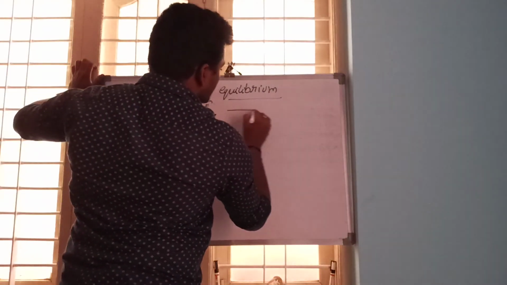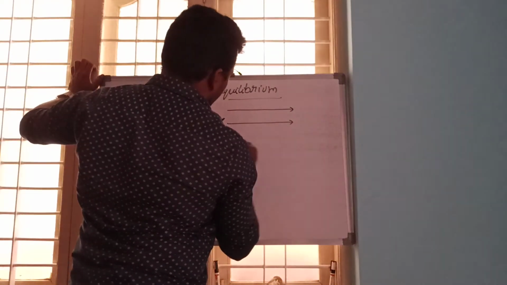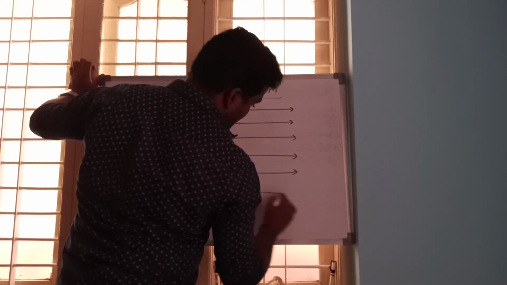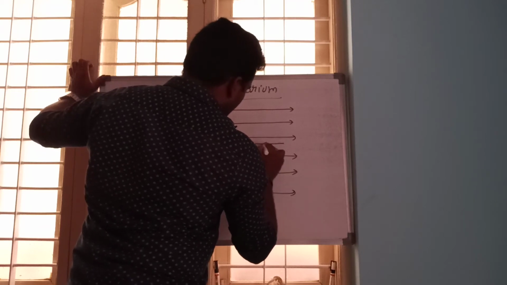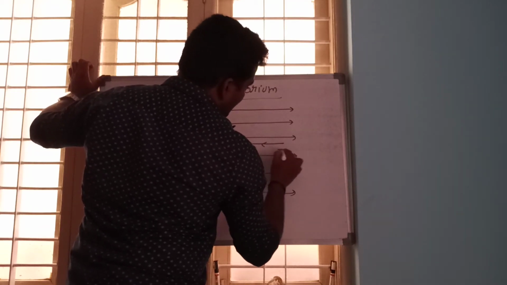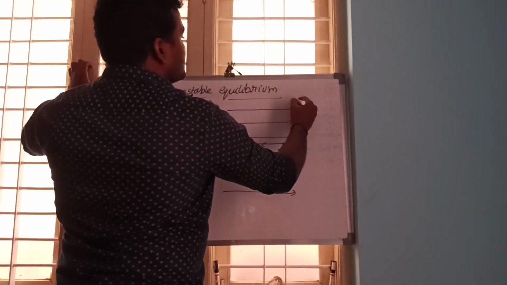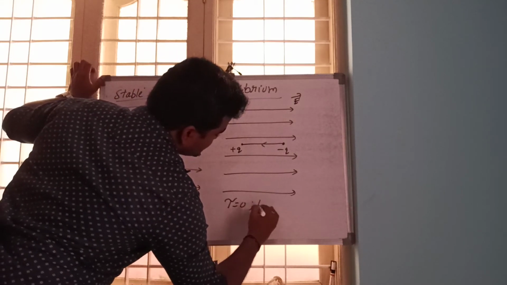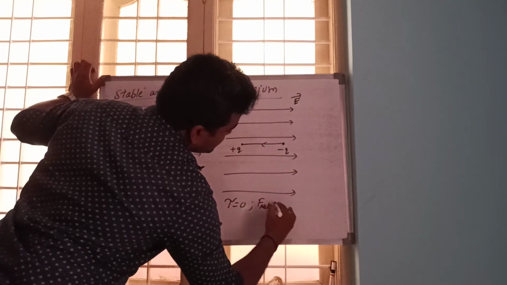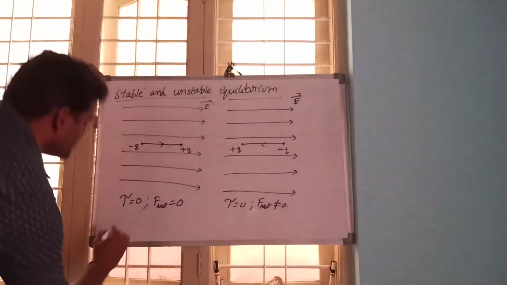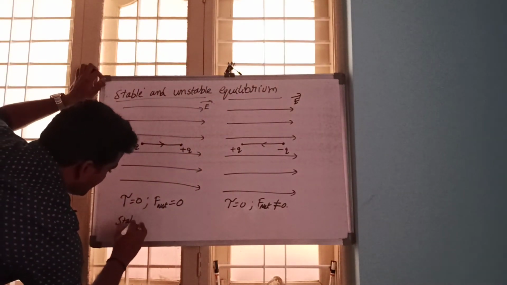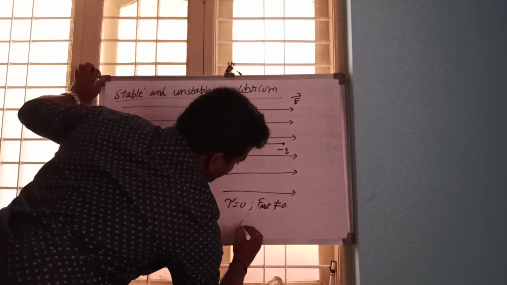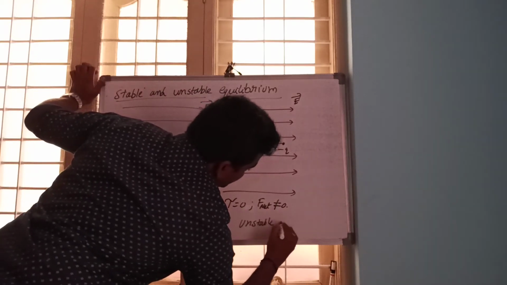But if you take the electric field and place the electric dipole in a direction opposite to the direction of the electric field, then here the net torque will be 0 but net force is not 0, and this is called unstable equilibrium.